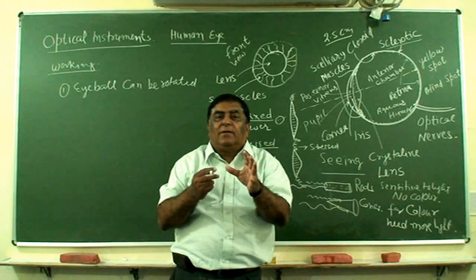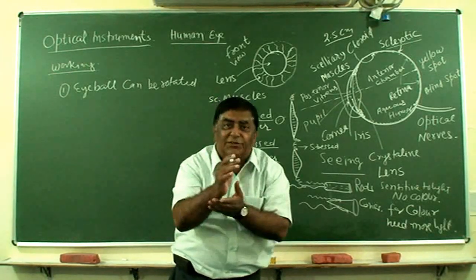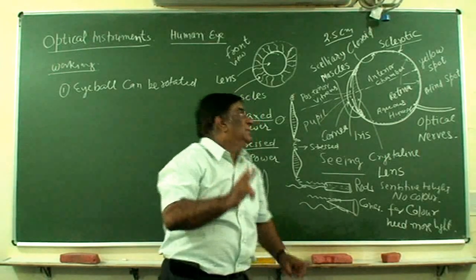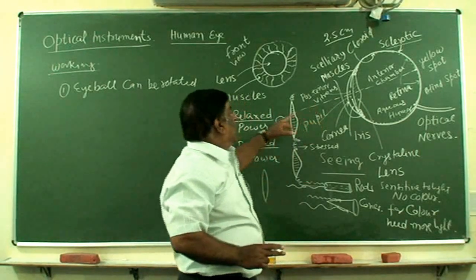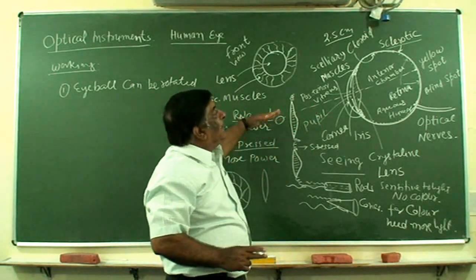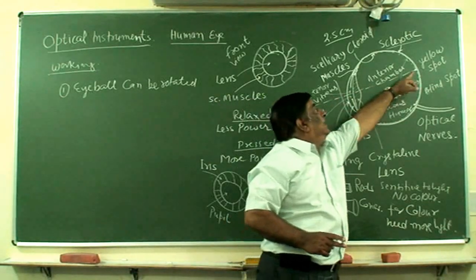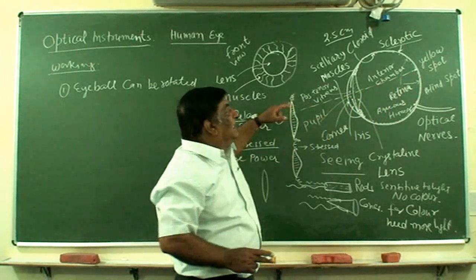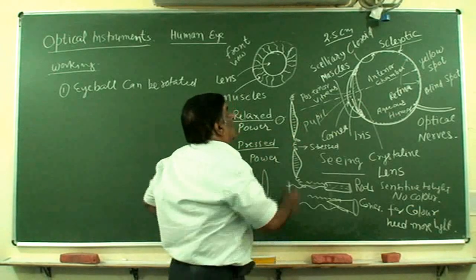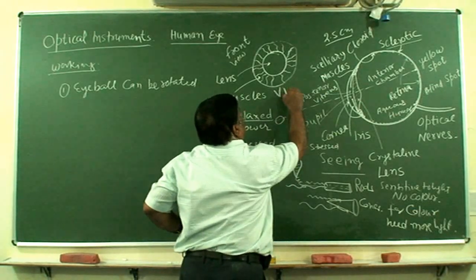Why should I rotate? Because I want every time that the object should be in line with the yellow spot. This line is known as the visual axis.